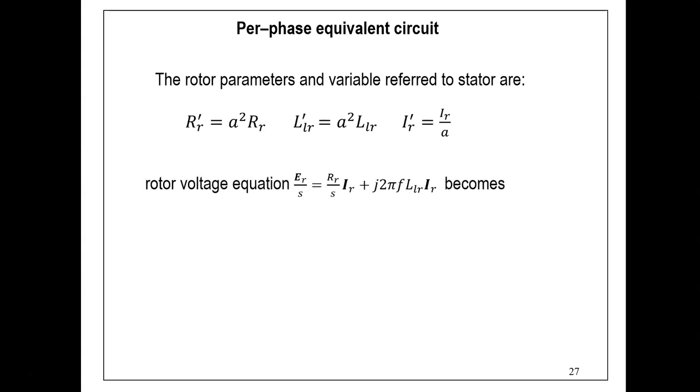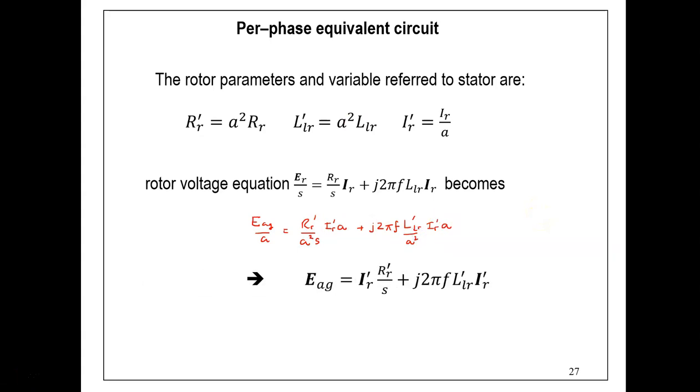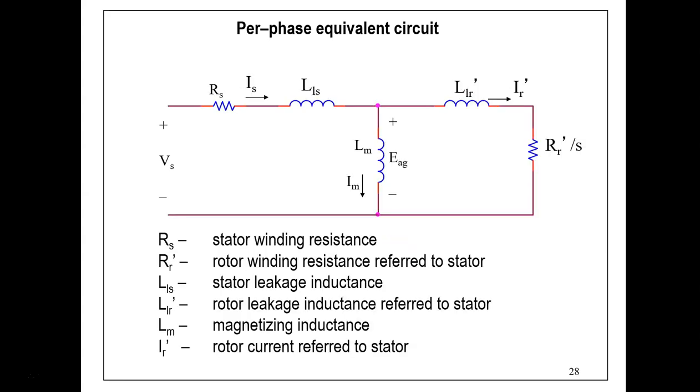If we substitute the transformation equations into the rotor voltage equations, then we can write down the rotor voltage equation as shown here. Finally, we obtain the per-phase equivalent circuit for the induction motor with the referred quantities. This is the IEEE recommended equivalent circuit for the induction motor.